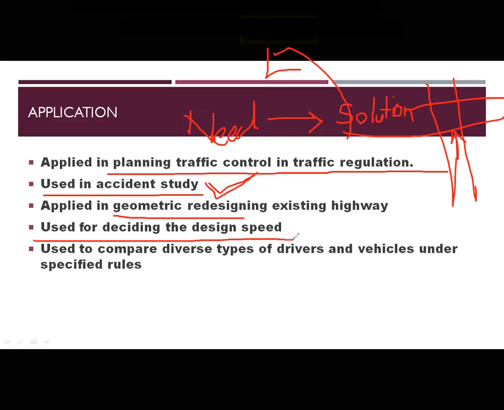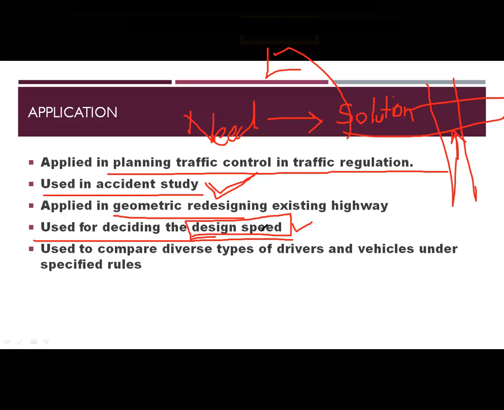It is also used for deciding design speed. We provide many geometrical elements on the basis of the design speed, like sight distances, such as stopping sight distance and overtaking sight distance, or curves, or super elevation. These are provided on the basis of the design speed of a vehicle.